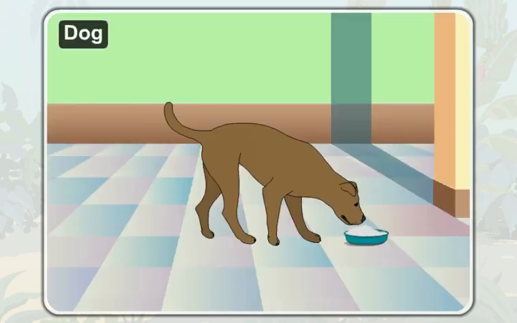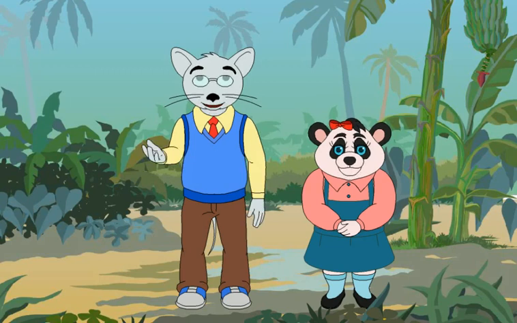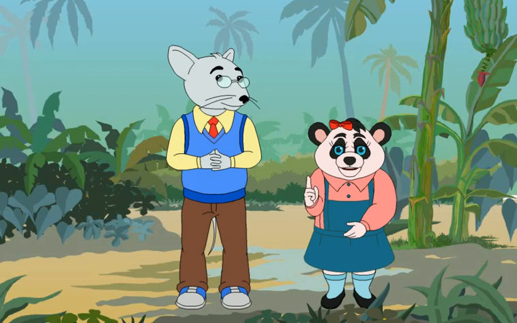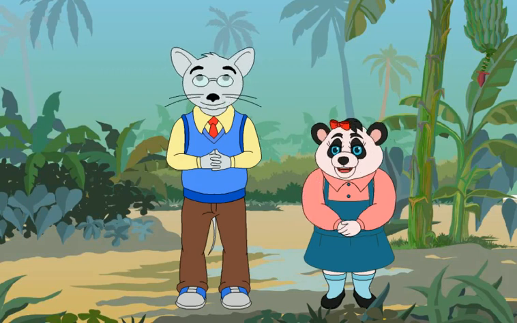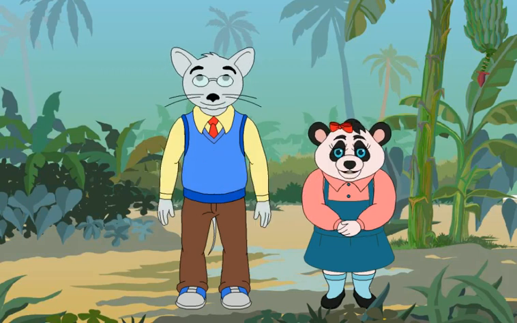Now, let us suppose that a dog eats food, but it does not respire. Do you think the dog will still be alive? No, it won't. The dog does not survive if it doesn't respire.